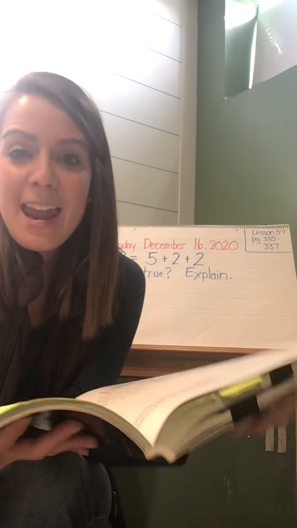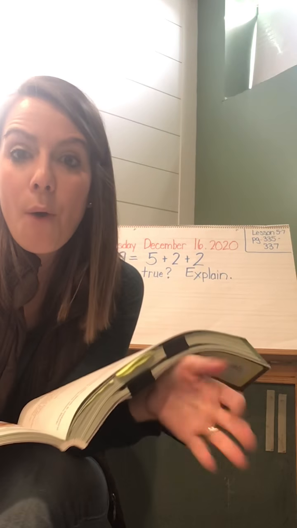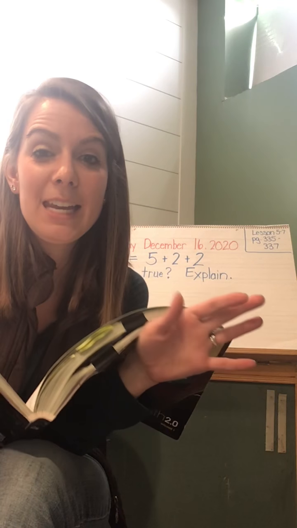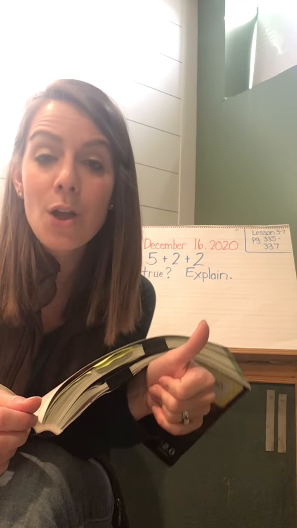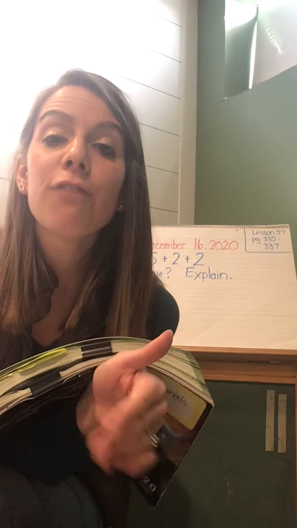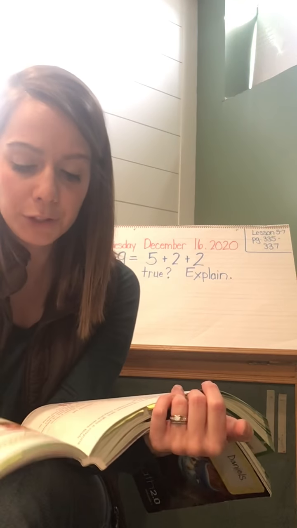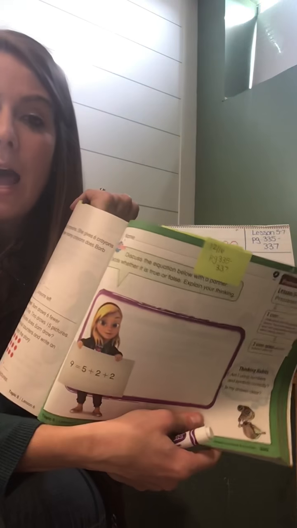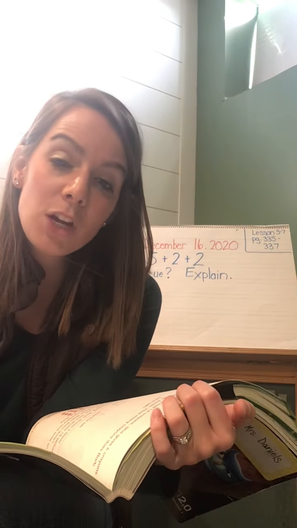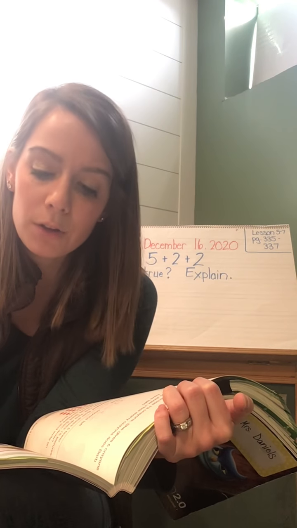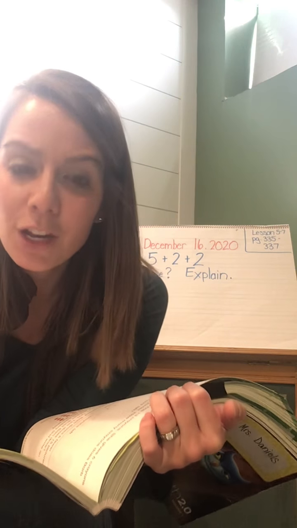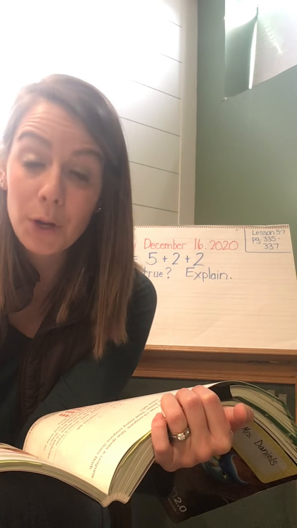So for today, we need to think about how when we learned that an equation can be true, it can be correct and right, or it can be false. So let's look at what it says up here at the top on page 335. It says, discuss the equation below with a partner and decide whether it's true or false. Explain your thinking. Okay.